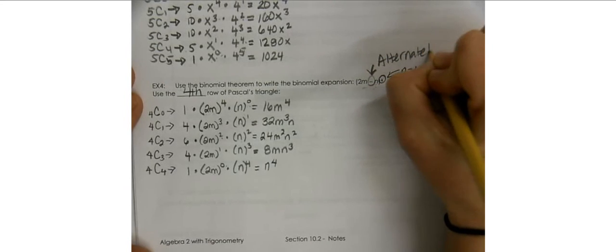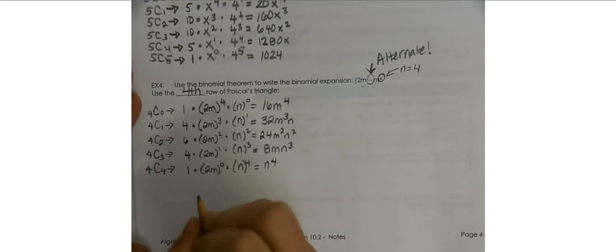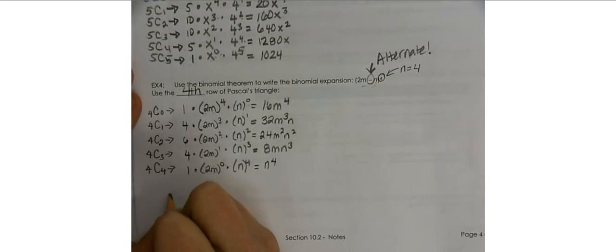Now, because we have a minus sign in between my two terms, this indicates that I'm going to alternate the signs. So since we're going to alternate the signs, we always start off with a positive number. So I'm going to write (2m minus n) to the 4th power.